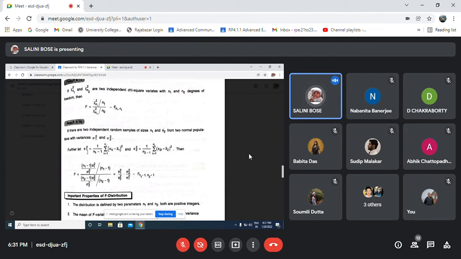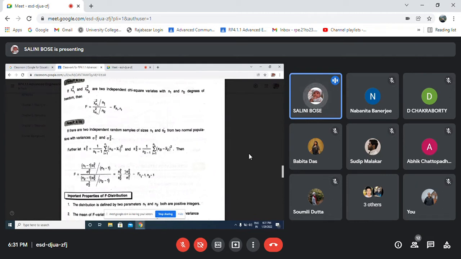So here in both the denominator and numerator, you have to divide by the degrees of freedom. Then n1 minus 1 will cancel out, and n2 minus 1 will cancel out. So you will have s1 square by sigma 1 square divided by s2 square by sigma 2 square.